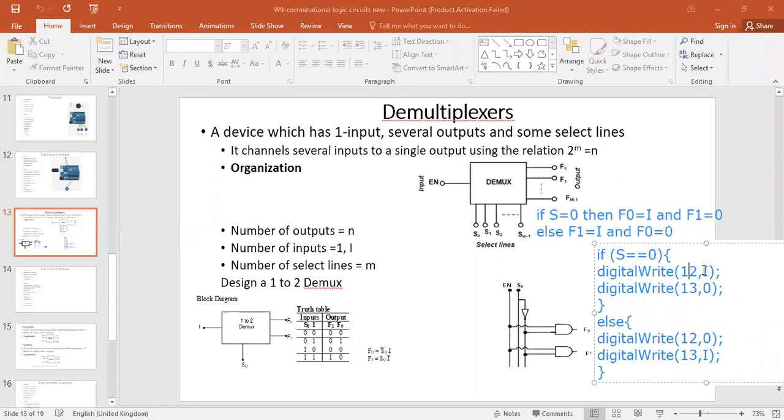The off that we have here is 0 data. But if you have a 1 for this, then this will be on, and this remains 0. Else, you interchange. That input goes through 13 this time. This time it was going through 12, this time it goes to 13.